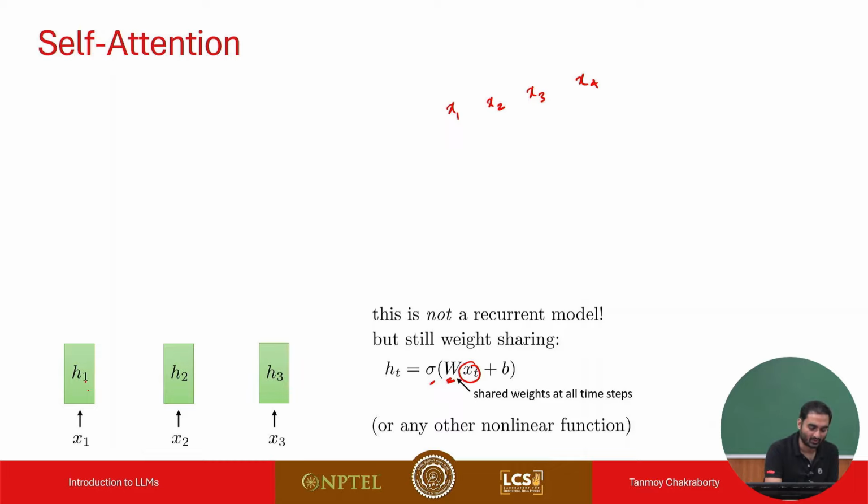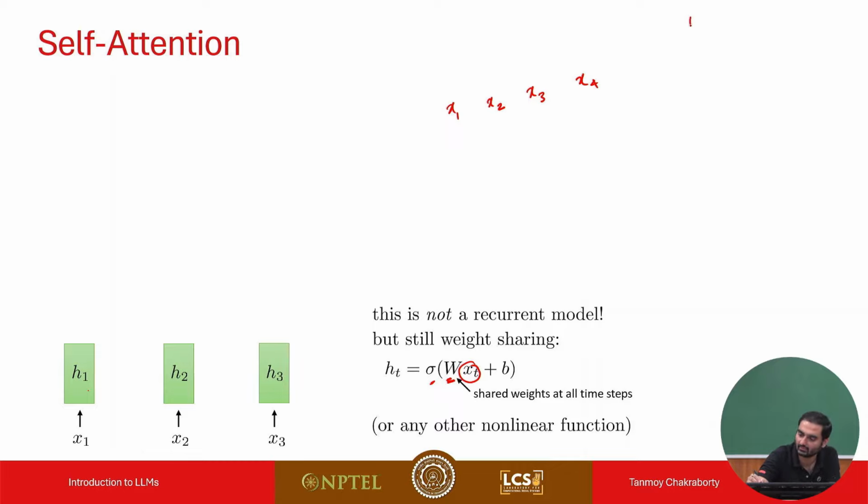Now from each of the hidden states, I will generate 3 vectors. One is called the query, another is called the key, and the remaining is called the value. Okay, and how do we do that? Very simple idea.